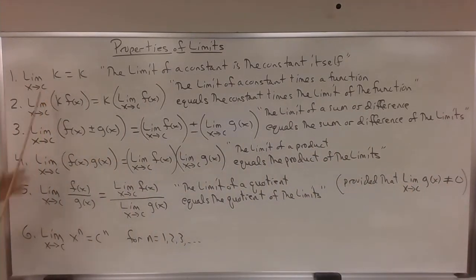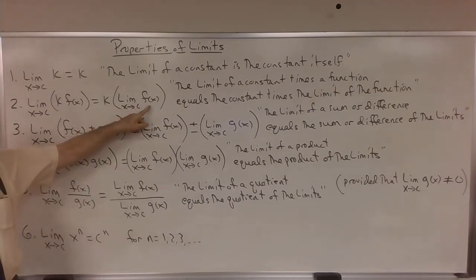First, the limit of a constant is equal to the constant itself. Here's the joker that I forgot before. Here I have the limit of a constant times a function. And that turns out to be the constant times the limit of the function.